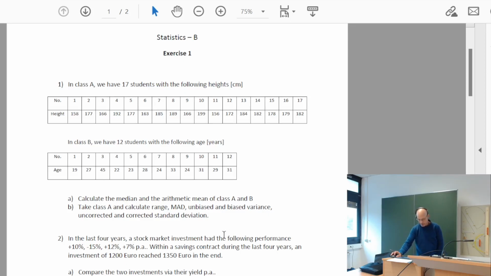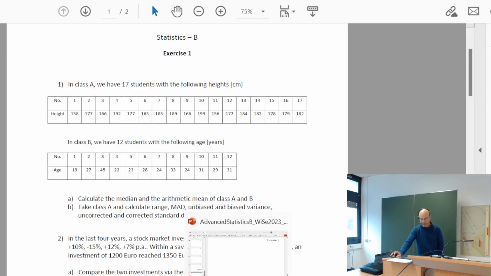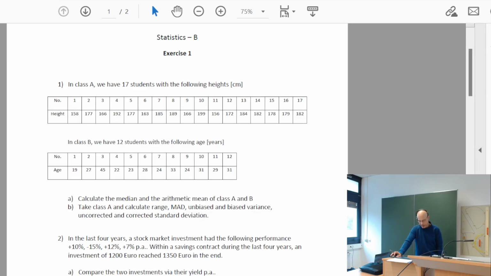Since we have 17 data points and 12 data points, I will do this together with you in Excel, but we will of course also talk about the formulas lying behind this.